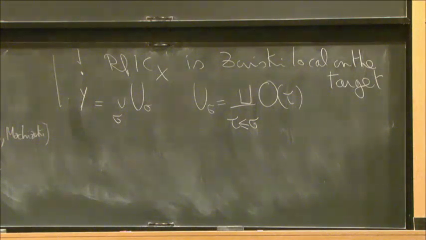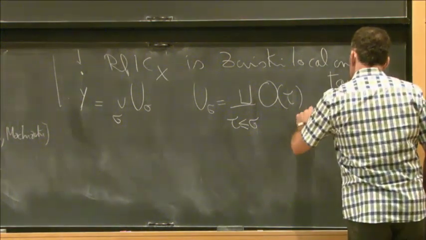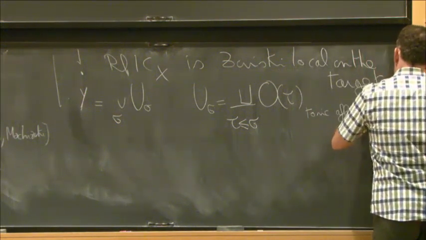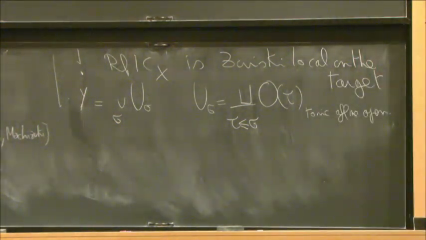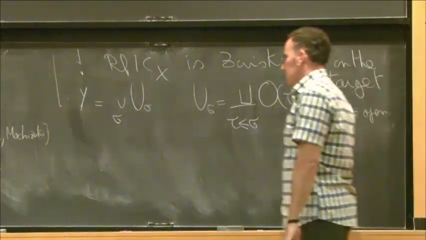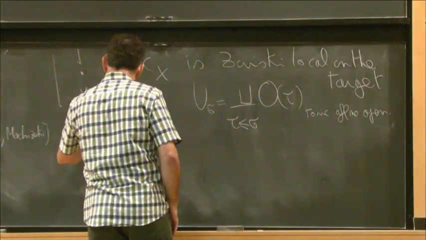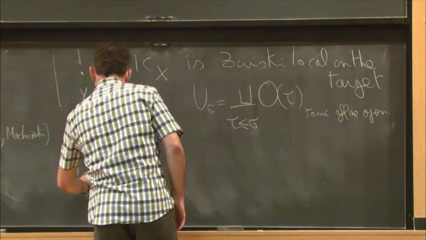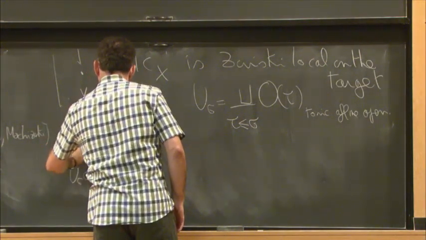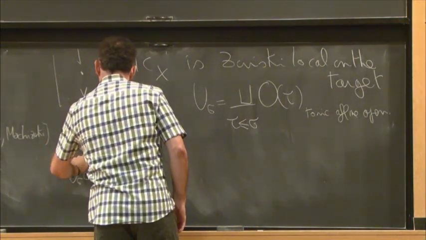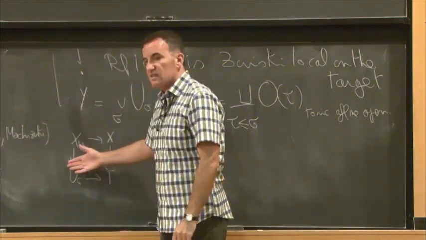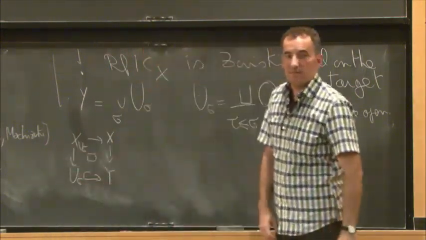They combine together nicely to give you a toric affine variety. So I need to understand the situation from here to here, and it's enough to understand it over each open U sigma.